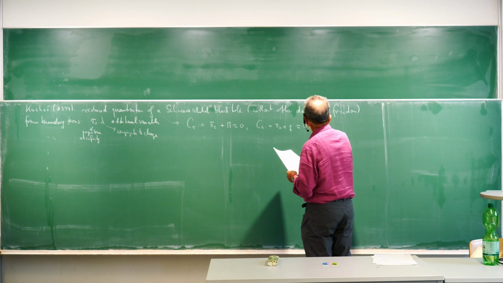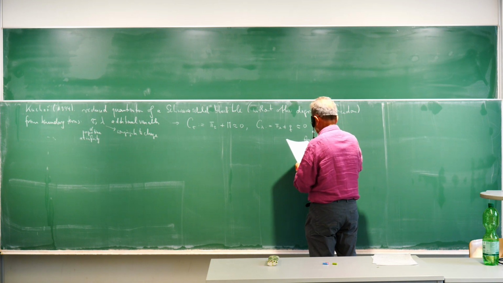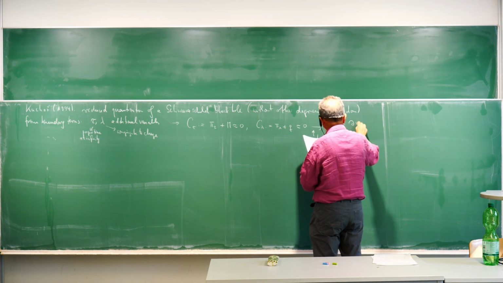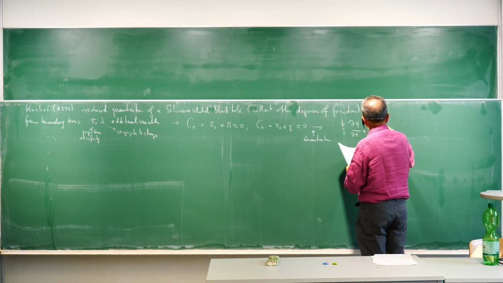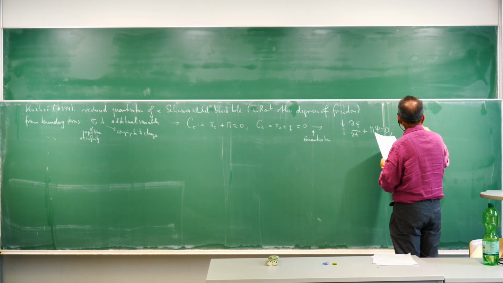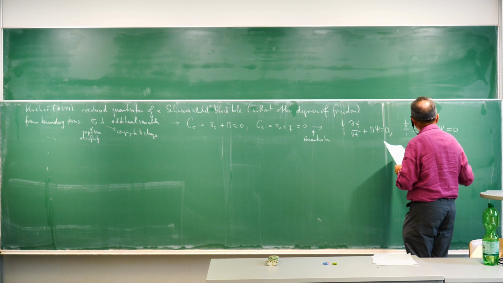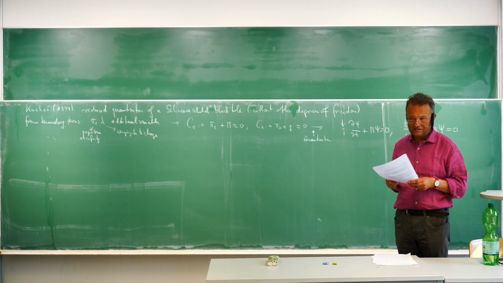So quantization is then h bar over i d psi over d tau plus m psi is equal to 0, and h bar over i d psi over d lambda plus q psi is equal to 0. These are the constraints that are left.